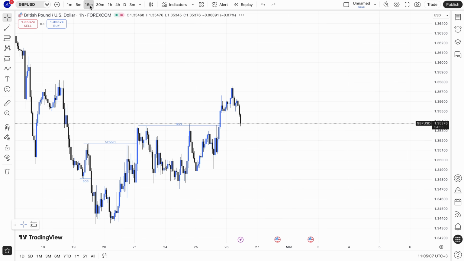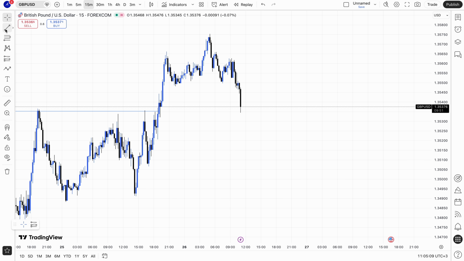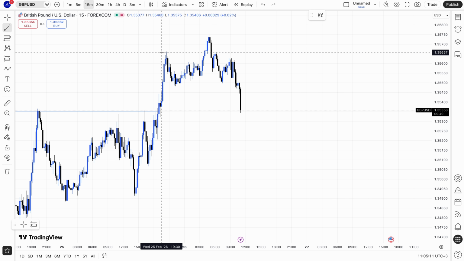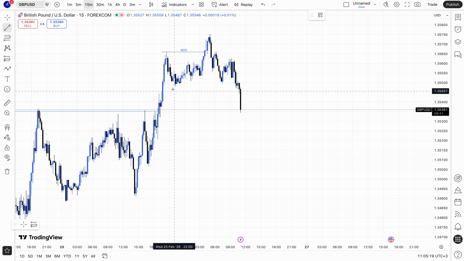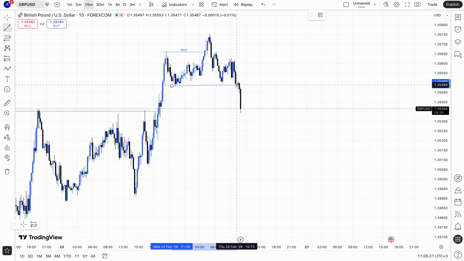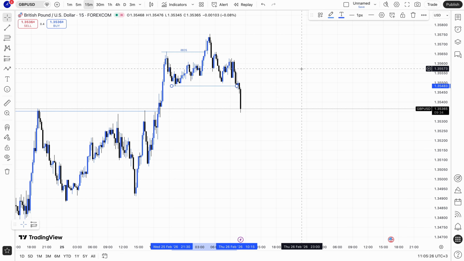So we have to go down to our 15 minutes for our internal market structure, and this is our break of structure to the upside. And then external structure is bullish and internal structure is bearish, right? So what's our plan?